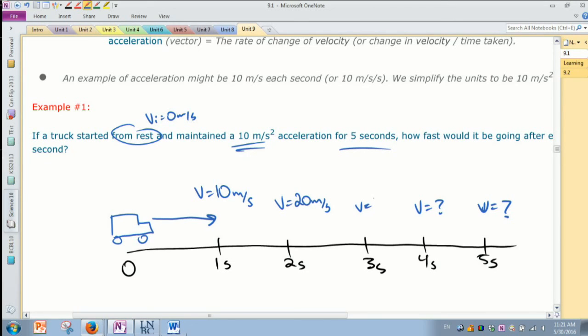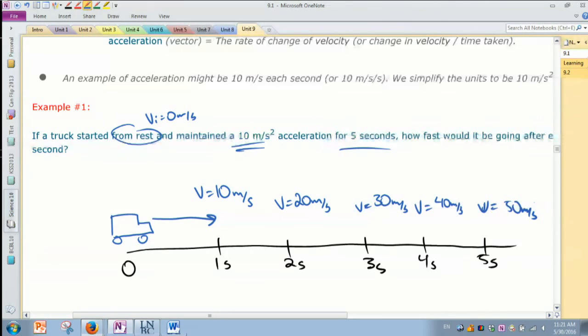I continue to accelerate 10 meters per second squared, or 10 meters per second every second. I would eventually end up at 5 seconds traveling at 50 meters per second.